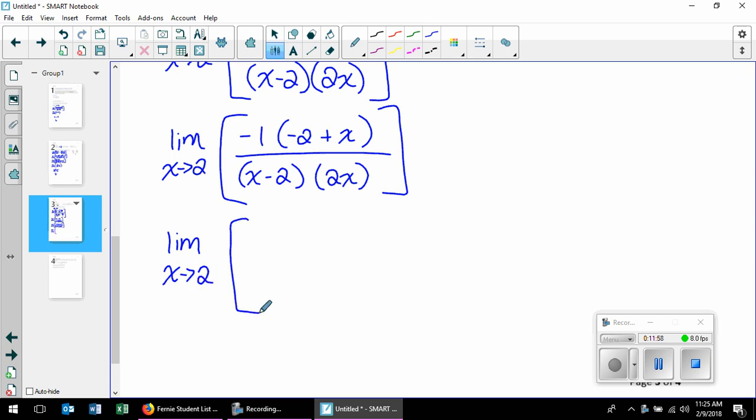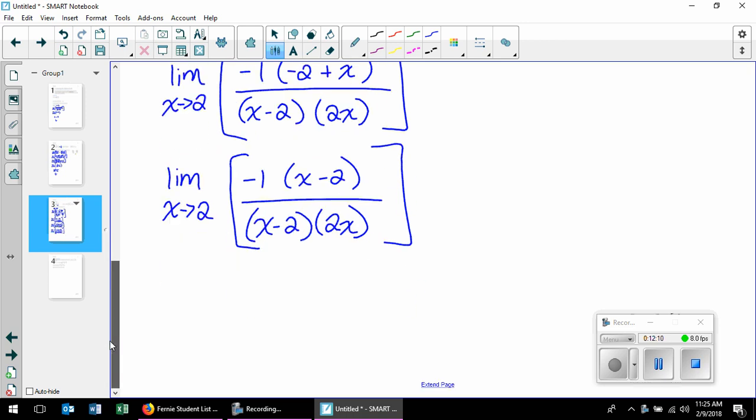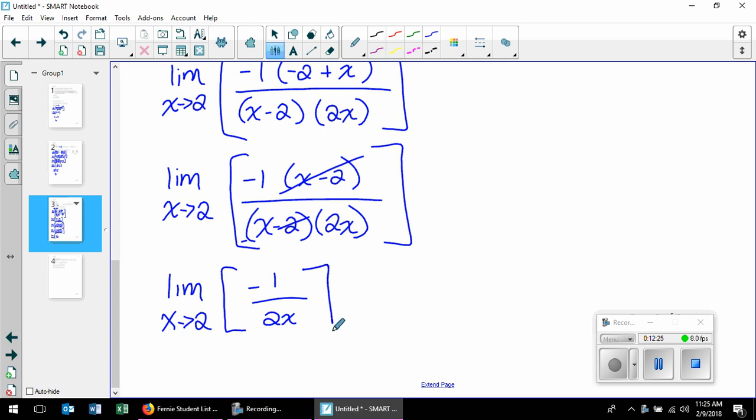I'm just doing all the steps for you, so if you see it and it jumps off the page at you right away, then feel free to skip as many steps as you need to. I just want to make sure we got them all down. So now it should jump off the page, we're going to cancel each other out. And so I'm going to have the limit as x approaches 2 of -1 over 2x.